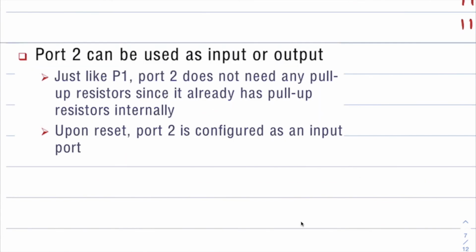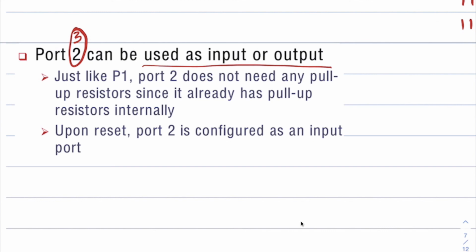We will go to port 2 as well as port 3. Remember, whether it is port 2 or port 3, both can be used just like port 0 and port 1. They can be used as an input or an output port. And like P1, P2 and P3 do not require external pull-up resistors.